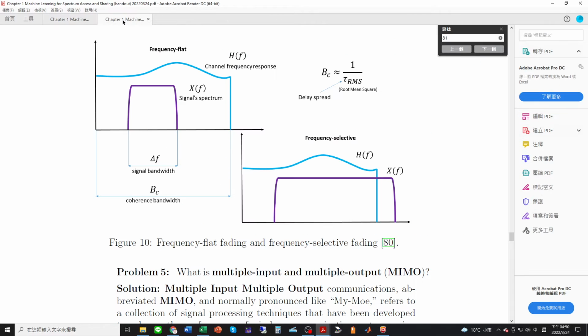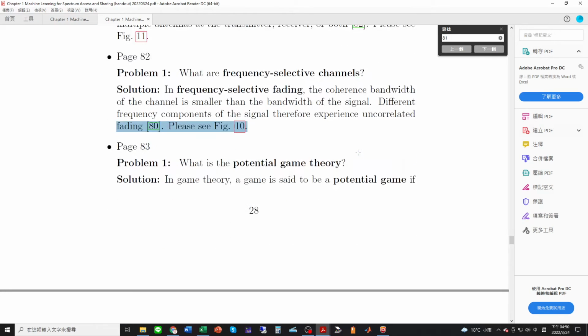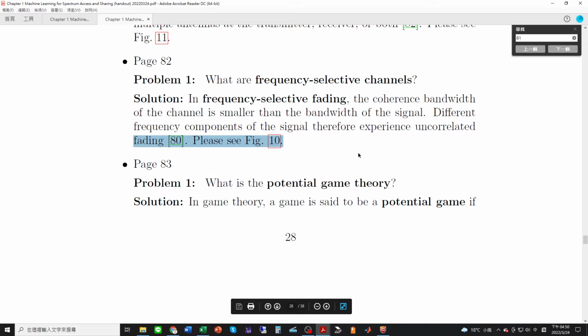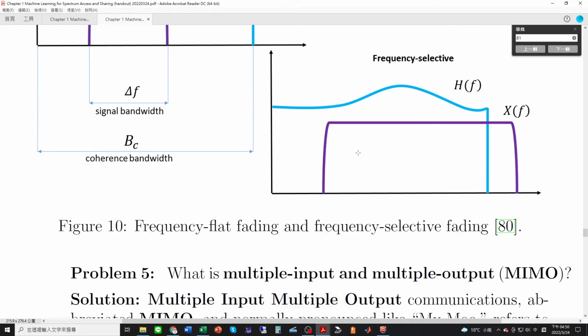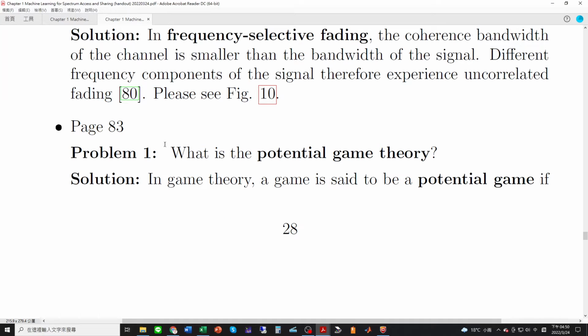Okay, please look at the handout. Page 83, problem 1. What is the potential game theory? Solution.